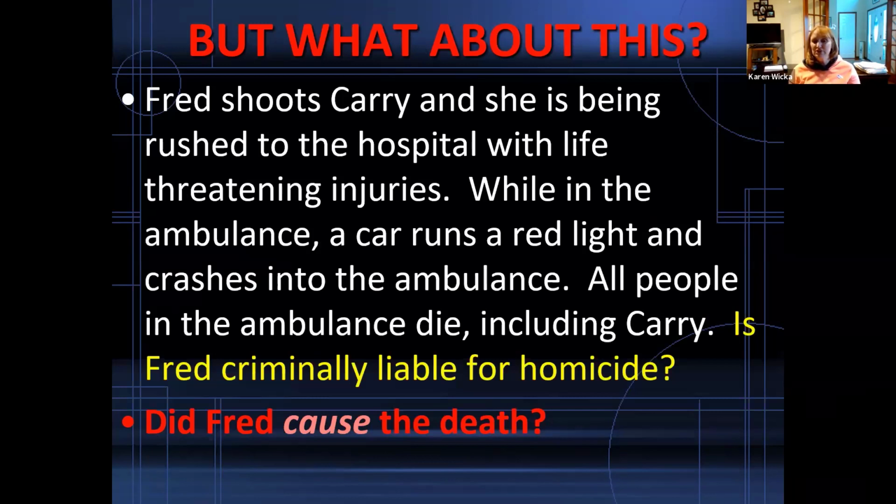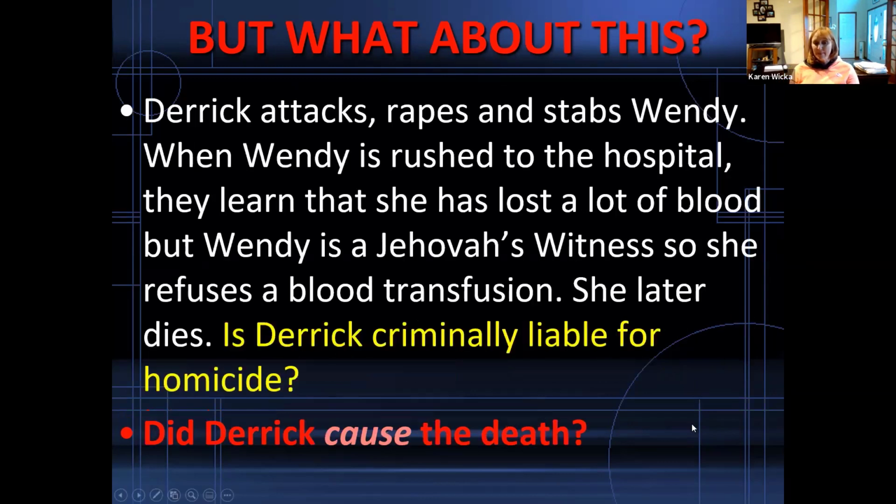And it may be natural and foreseeable that when the ambulance has to rush them to the hospital so they don't die, they could get in an accident. So you may be able to still prove that Fred caused the death because it could be a natural and foreseeable consequence. But maybe not so much in this case, right? It is natural and foreseeable that if you stab somebody, they could die. But is it natural and foreseeable that the victim is going to refuse a blood transfusion that could save her life and then she dies?